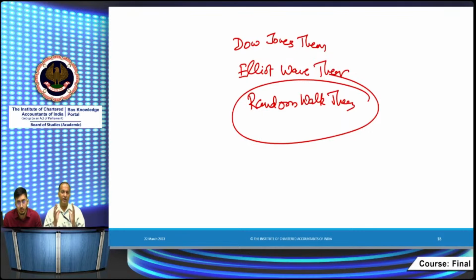A fully drunk man, if he has to go to the other corner of the street, how will he move? He will move in this fashion, this way, that way, and will not go straight. So they say the market behaves like that, in a random manner. So all these aspects have been covered in this topic.